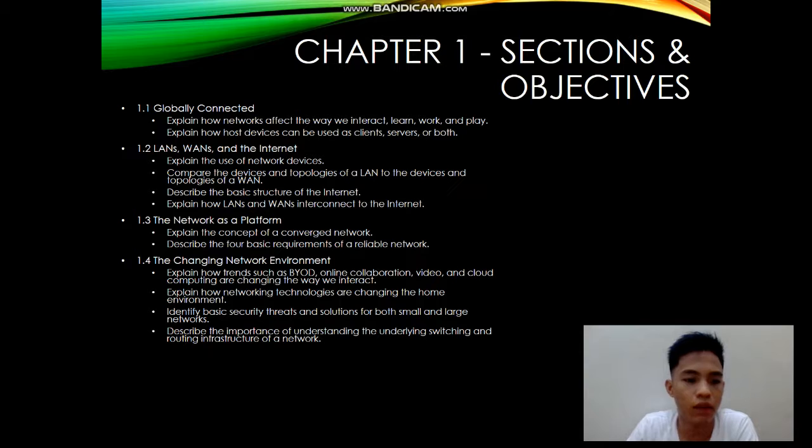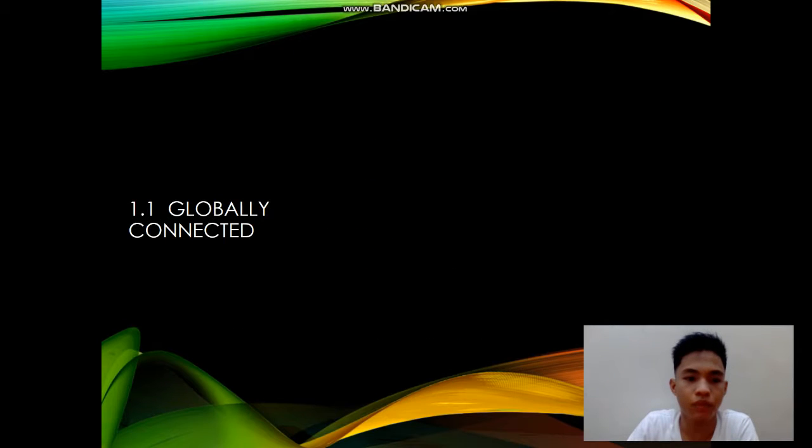Lastly, section 1.4, The Changing Network Environment, has objectives to explain how trends such as BYOD, online collaboration, video, and cloud computing are changing the way we interact, explain how networking technologies are changing the home environment, identify basic security threats and solutions for both small and large networks, and describe the importance of understanding the underlying switching and routing infrastructure of a network.